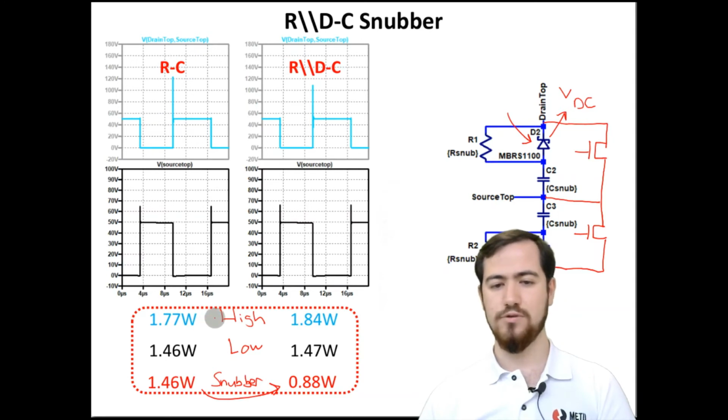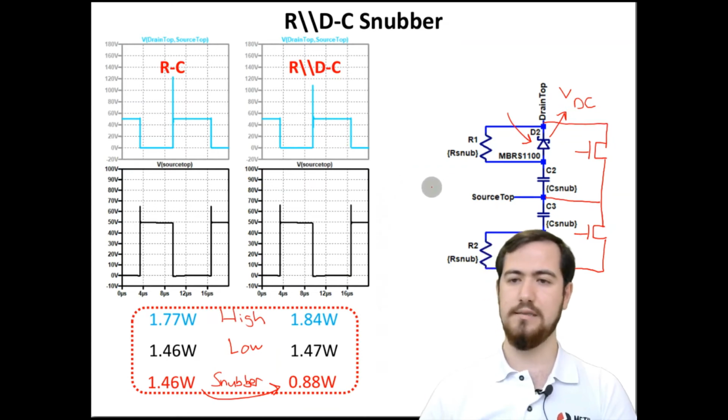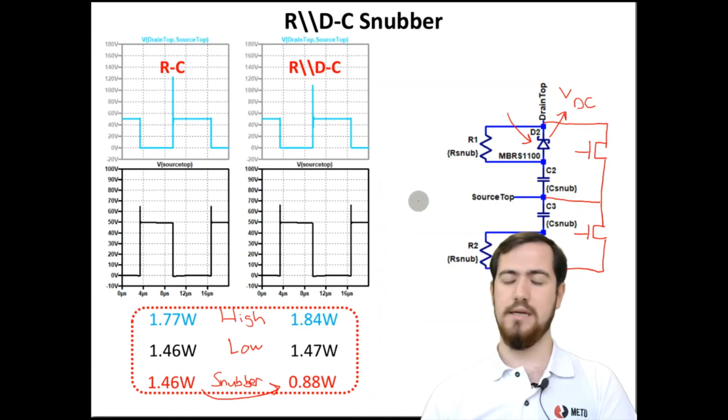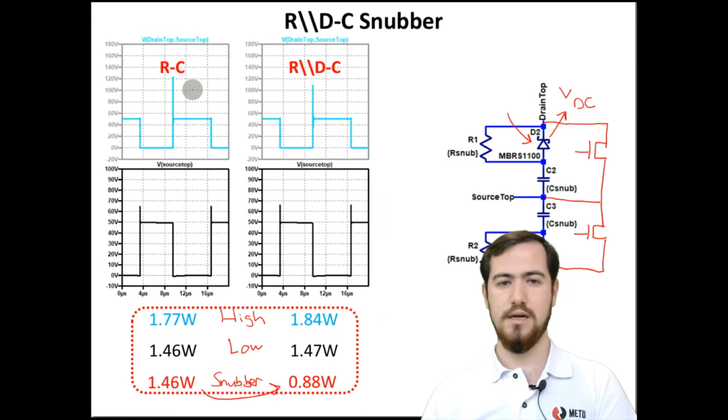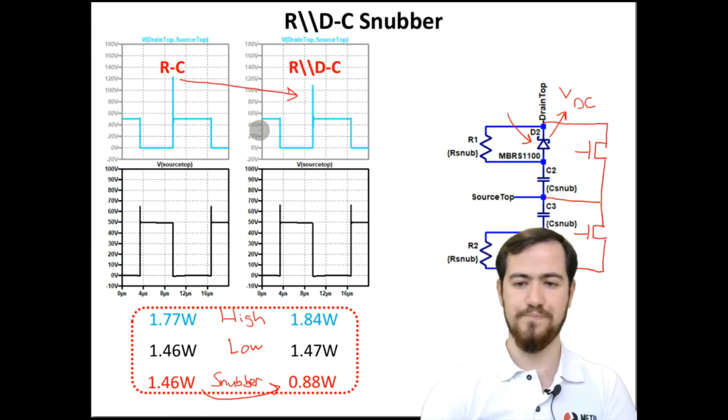However, the loss on our switching components increased very little, so we can continue with this RDC, R parallel D type snubber circuit to overcome our oscillations further, or reduce our maximum voltage level, and it can be shown here as well. The voltage is reduced for the peak value.